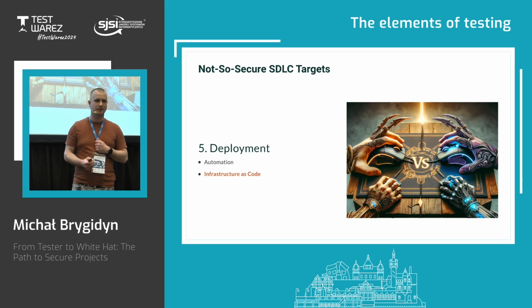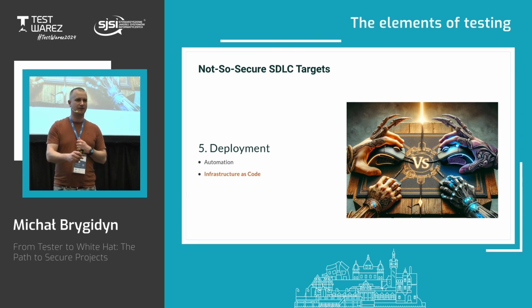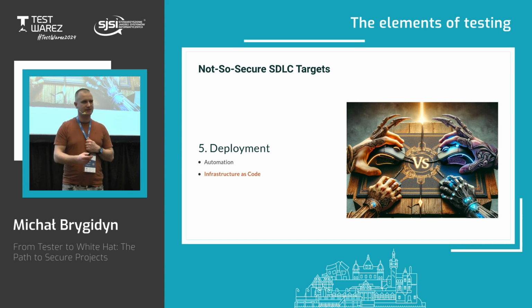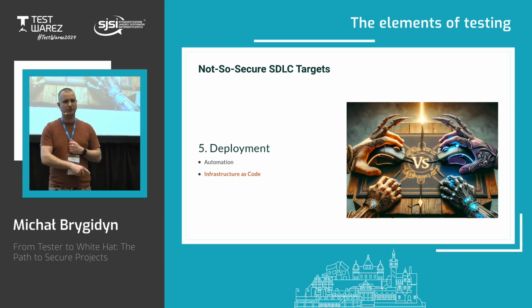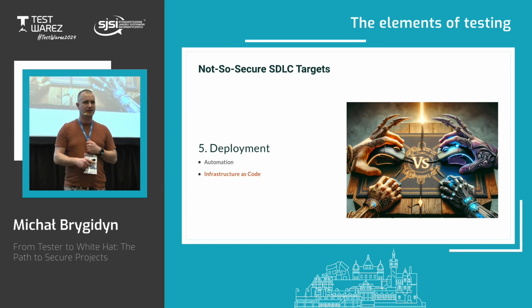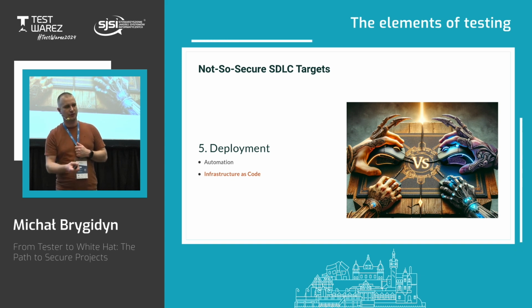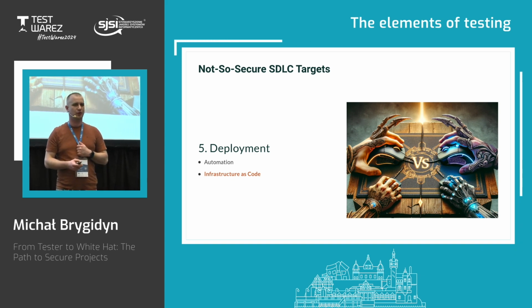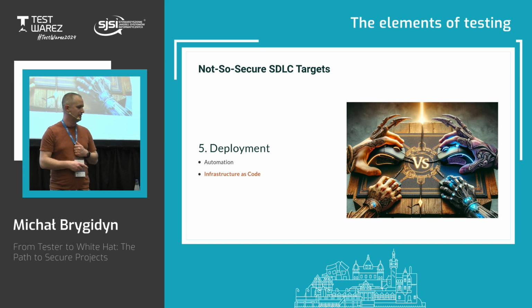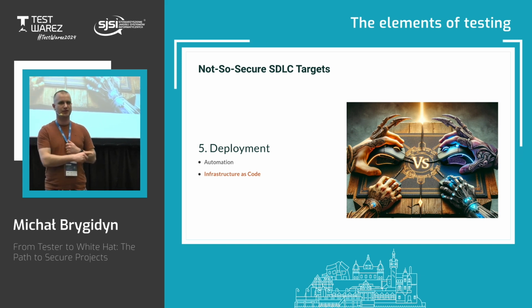If someone like me, for example, gets access to your cloud account and modifies something, and then the pipeline runs again, you will have drift, and it will be logged somewhere that there was a drift, there was a new firewall rule, and it will be reverted to what is defined in infrastructure as code. But if there is no infrastructure as code, there is no drift, because it was changed and it's changed, and that's it.